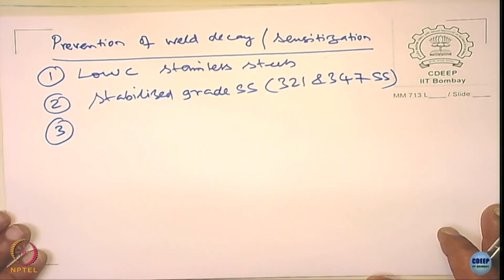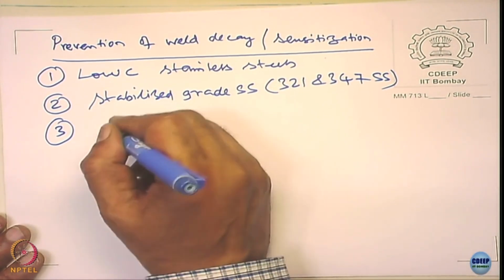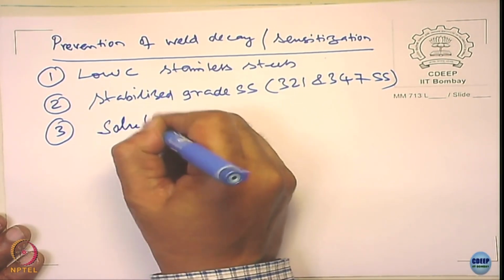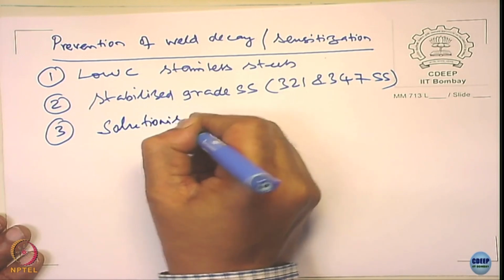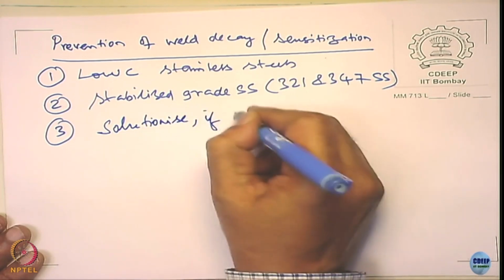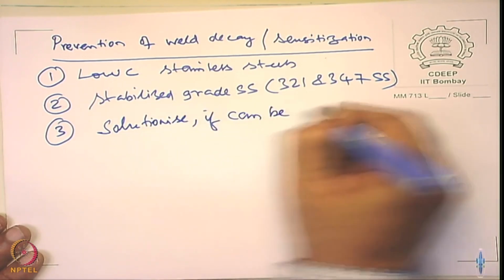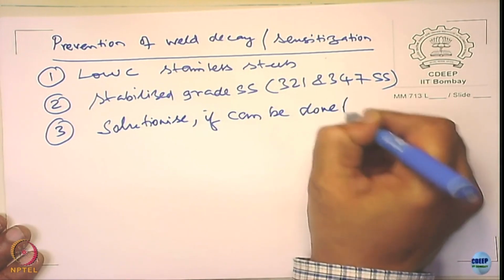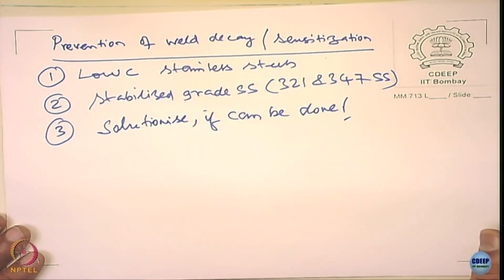Third, if you can solutionize, if it can be done. It is not possible in practice in a structure. You are going to do a heat exchanger, and how are you going to do this? But small sections, small components, yeah, it still can be done. Okay.